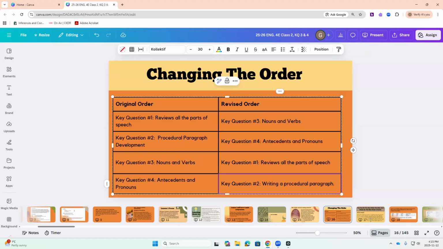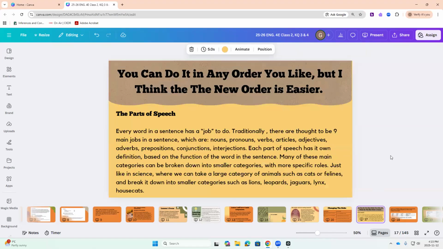There we go. Okay, so the big idea, parts of speech. Every word in a sentence has a job to do or can be split into a category, okay? Traditionally, there are thought to be 9, sometimes people will say 8 main jobs in a sentence.